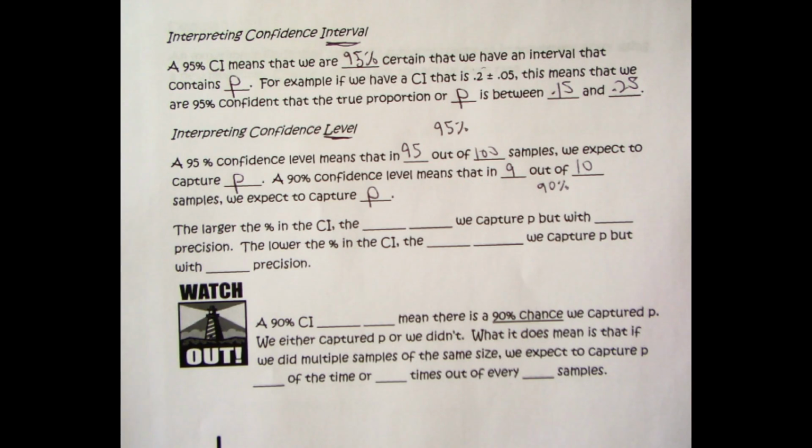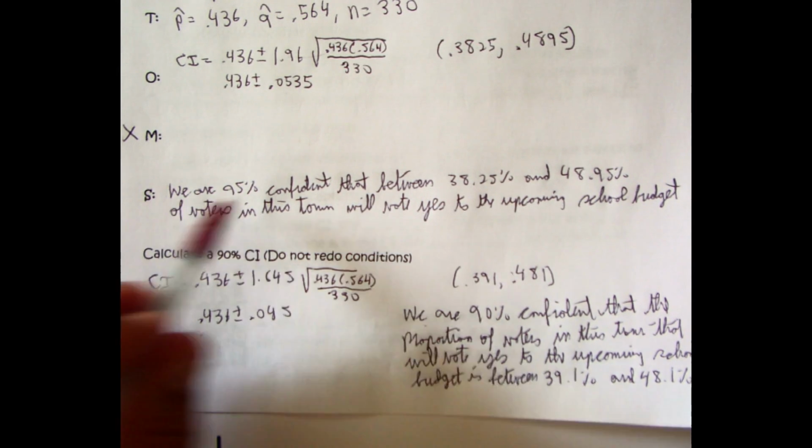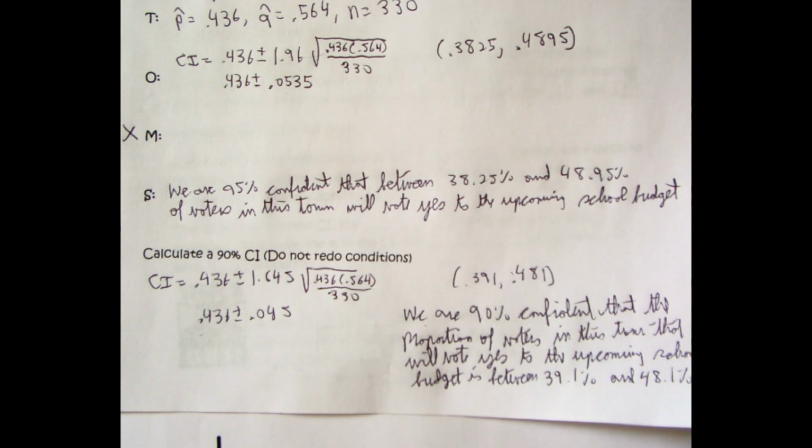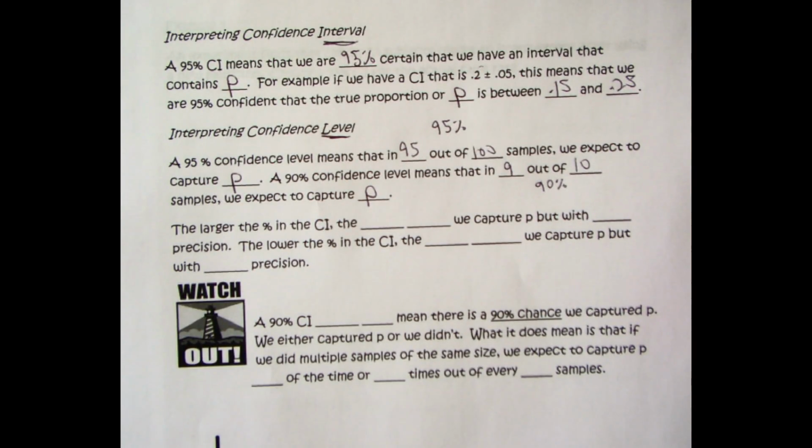We always interpret the confidence interval when we state our conclusion in context. If they ask you a follow-up question, what does the level mean? That's the percent of samples that we expect to capture p.